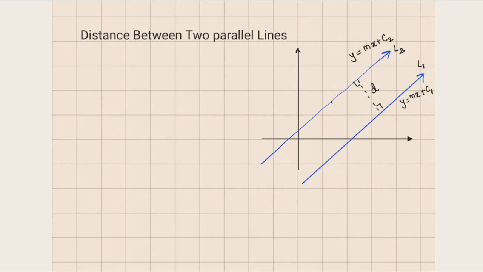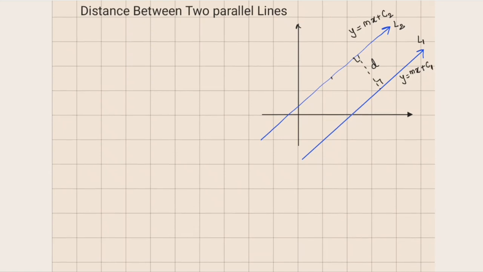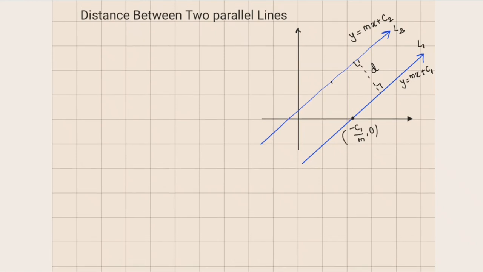So the only difference is c1 and c2 here, the constants. So the line L1 intersects the x-axis at the point where you put y equal to 0, which means x equal to minus c1 by m. So this point is minus c1 by m comma 0. So we know a point of this line L1.